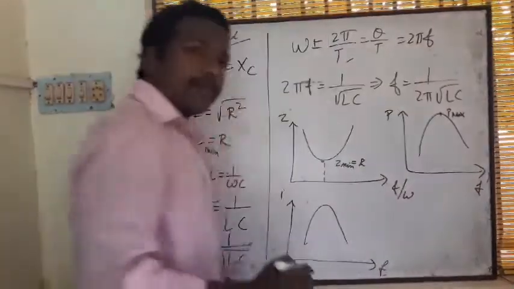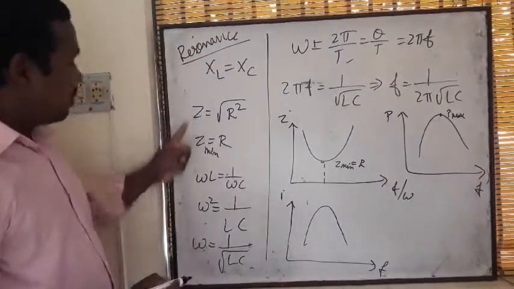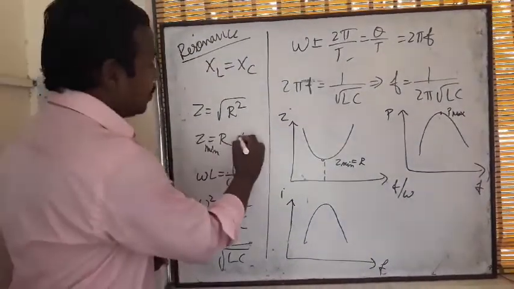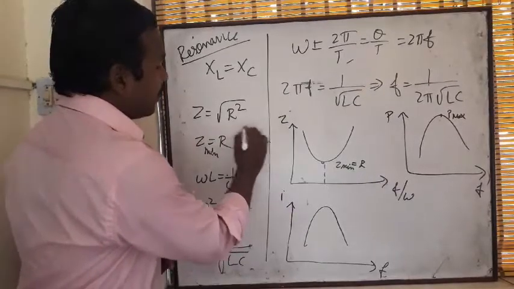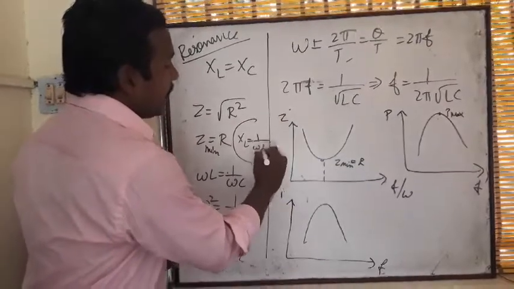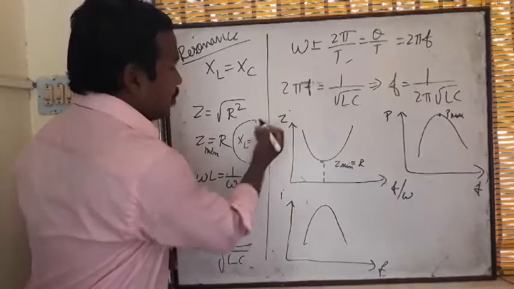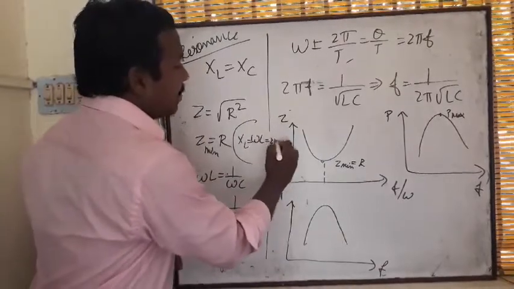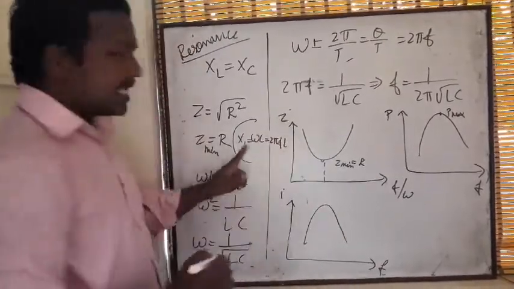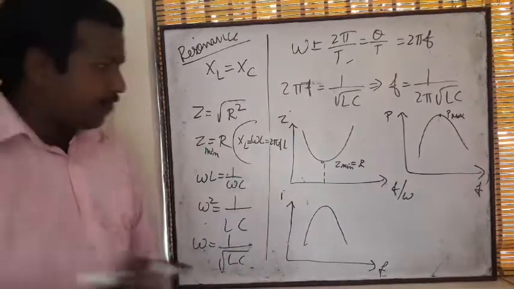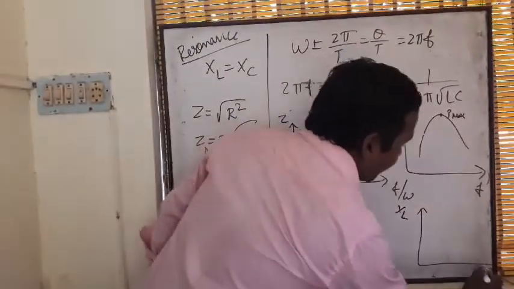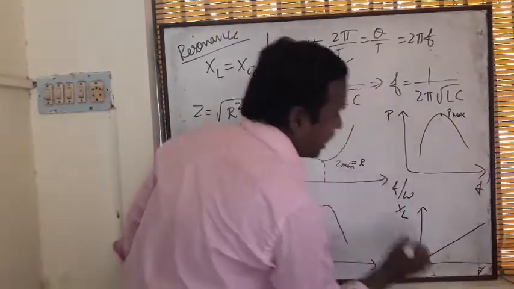Another thing we know: XL is equal to omega L. That means 2 pi f L, so XL is directly proportional to f. So XL versus f is represented as directly proportional.